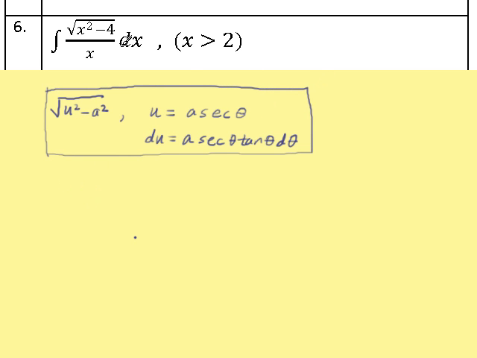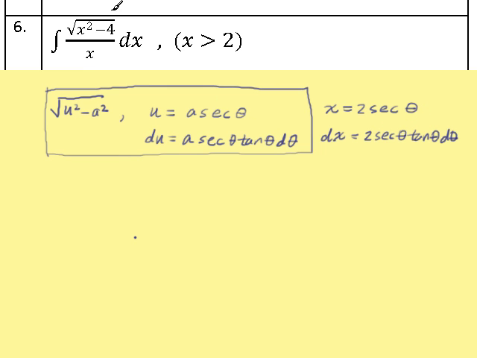All right, in our case, x is equal to u, and a squared is equal to 4, a is equal to 2, so we're doing the substitution x is equal to 2 secant theta, and dx is equal to 2 secant theta tangent theta d theta.